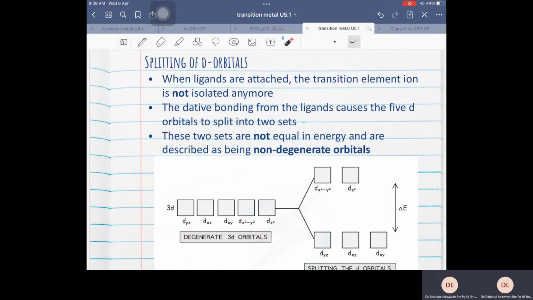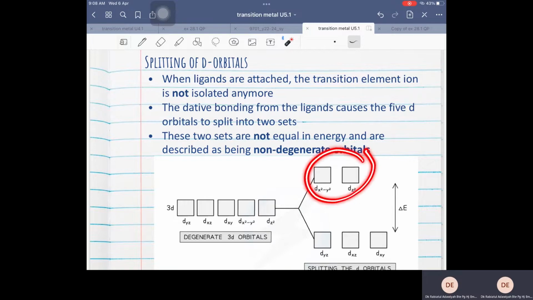But when you start bringing ligands to your transition metal, whether it's an ion or a neutral atom, repulsion is happening. Repulsion from the electrons of the metal and the lone pair of electrons of the ligand. The repulsion will cause the d orbitals to split into 2 groups.